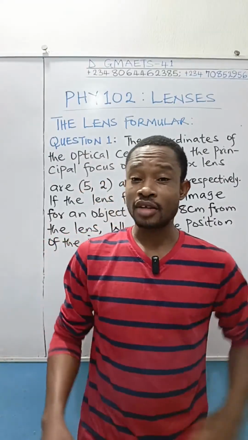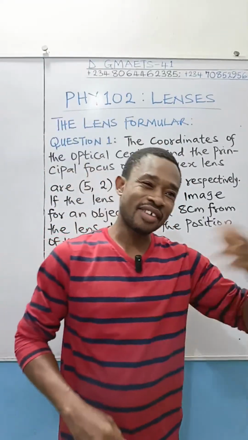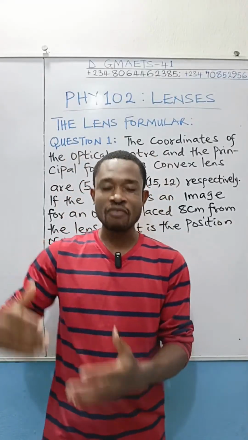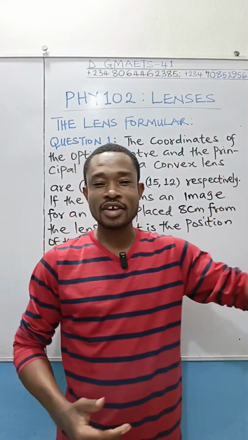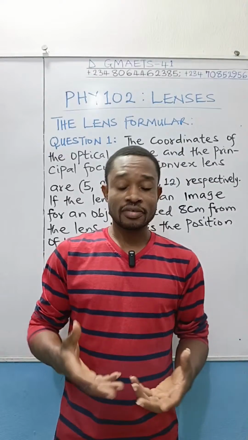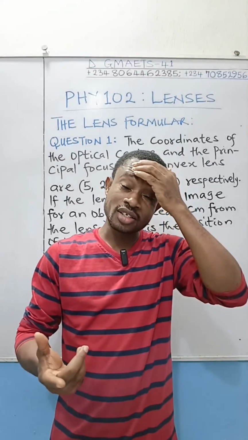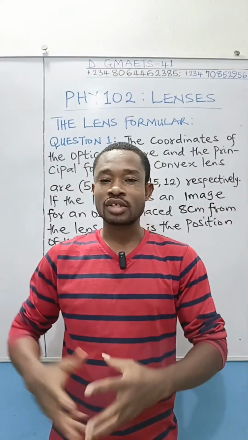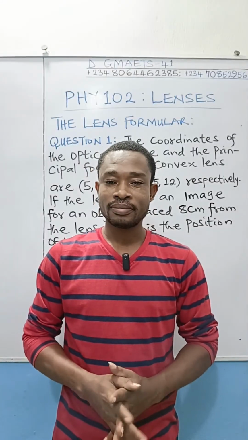We have the plano-convex, the plano-concave, the convexo-concave, and the concavo-convex lens. But our focus in this class, when we deal with the concept of lenses, is more on biconcave and biconvex.